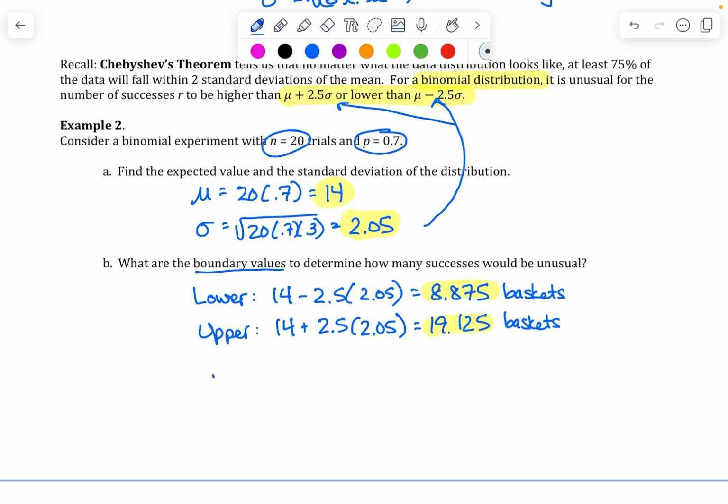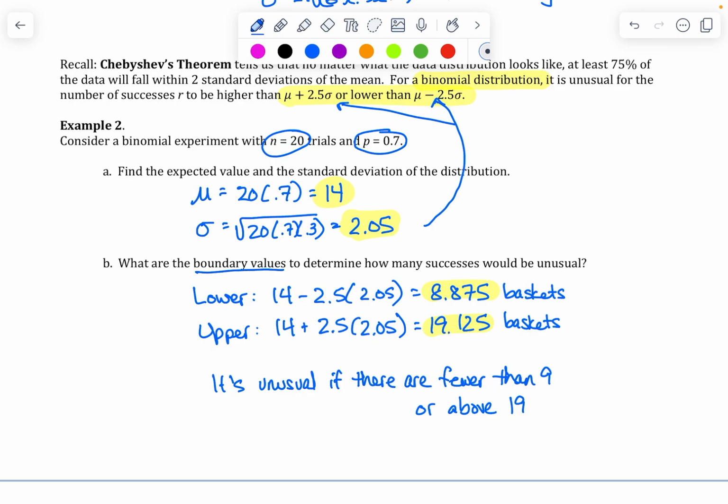So it's unusual, at least mathematically, if there were fewer than 9, right? So if he makes 8 baskets, you'd be like, wait a minute, you said you're going to make 14. You're a 70% free throw shooter or whatever, and you made 9? That's not good. Or above 19, which means essentially he makes them all, in which case he's better than a 70% shooter, okay? So that's sort of your boundaries for that.